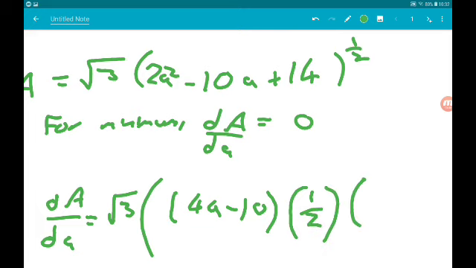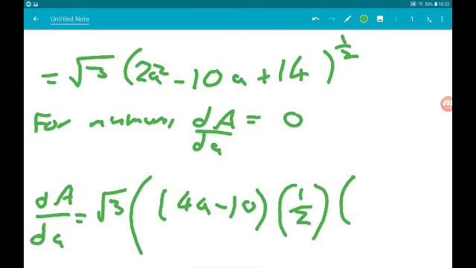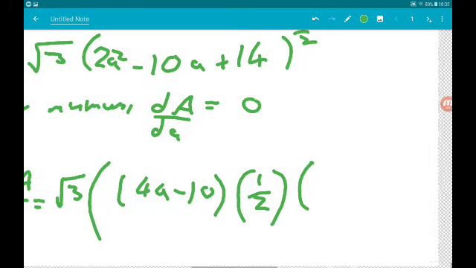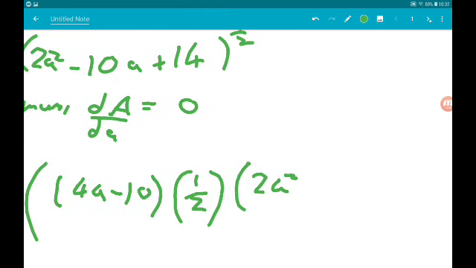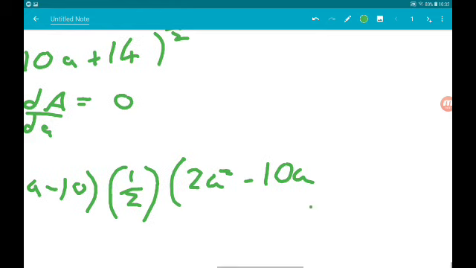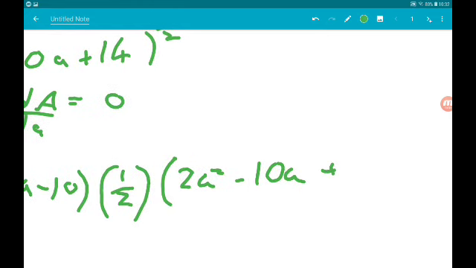Then we get 2a squared minus 10a and 14 to the minus a half.